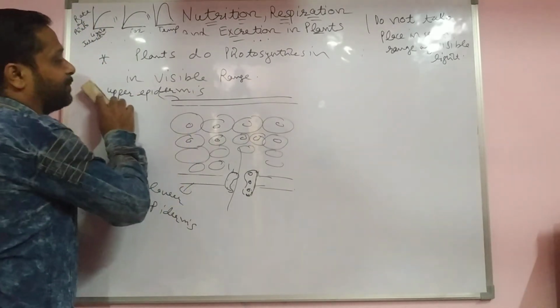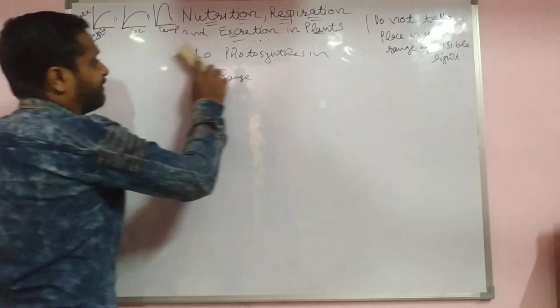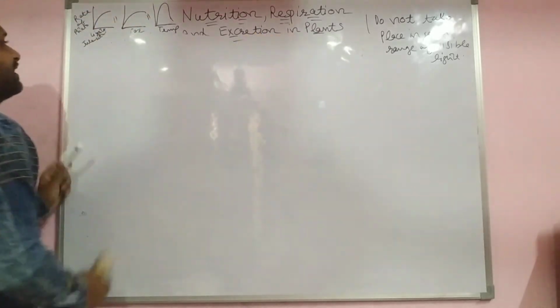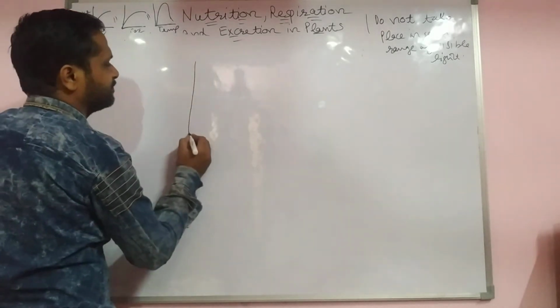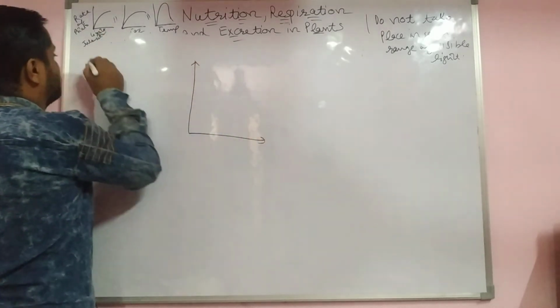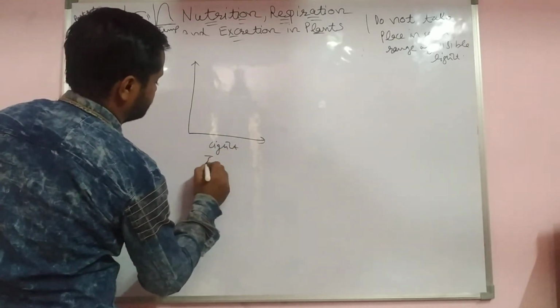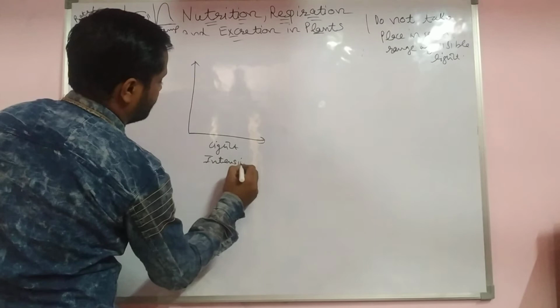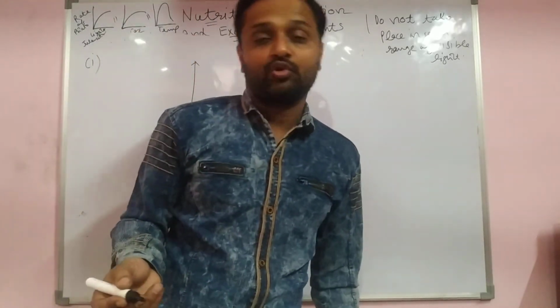Lower epidermis, upper epidermis. Now we see some graphs. On which factors does the rate of photosynthesis depend? Yes, first graph. The first graph is about light intensity. It means it depends upon the intensity of light. If the intensity of light is more, then photosynthesis is more.